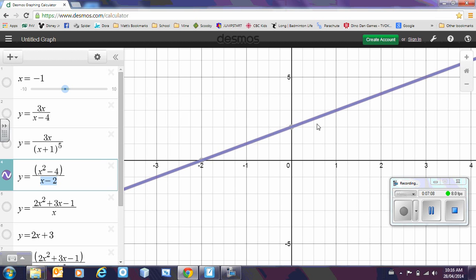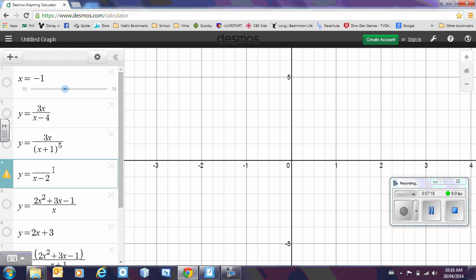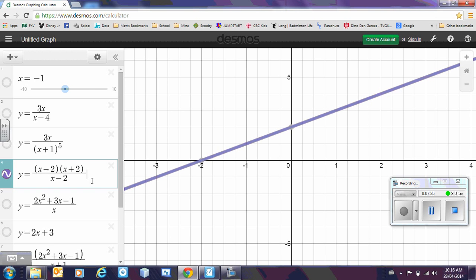Even though the graph seems to imply it's a nice straight line, essentially what we've done here is factor the top. When we factor the top, we get x minus 2 times x plus 2. And of course, x minus 2 divided by x minus 2 cancels out or gives me a 1.